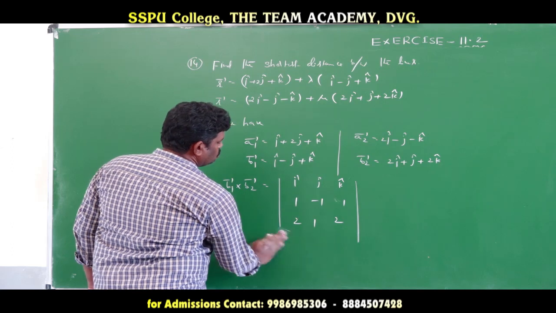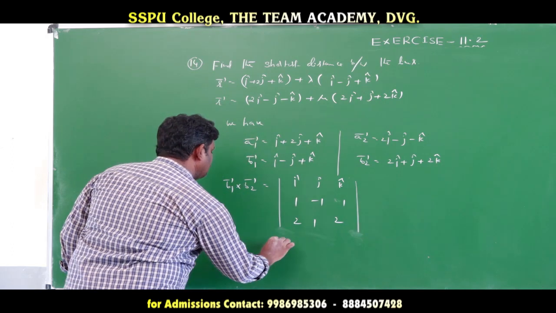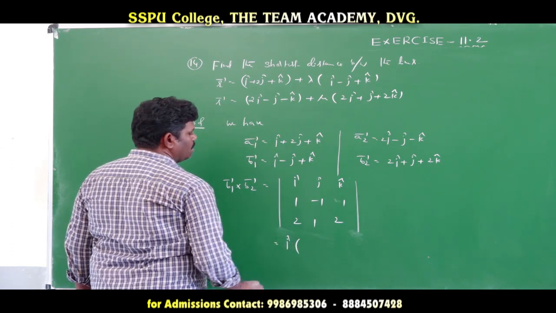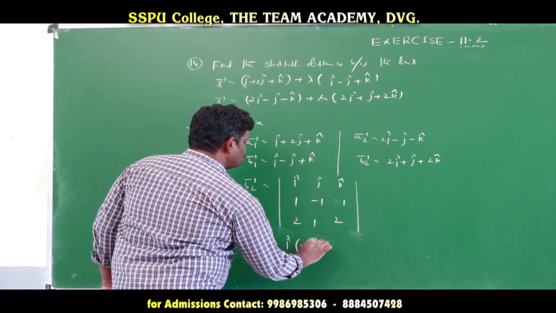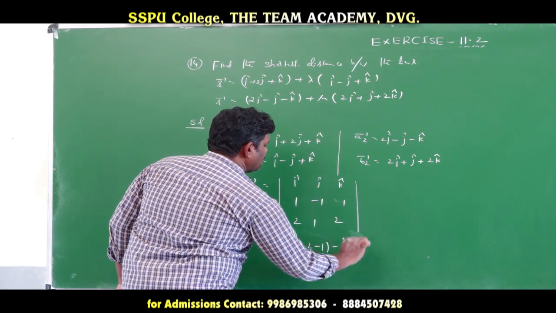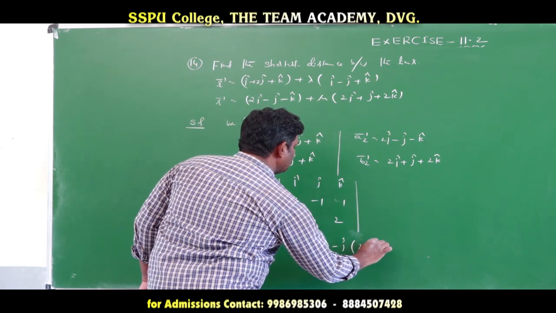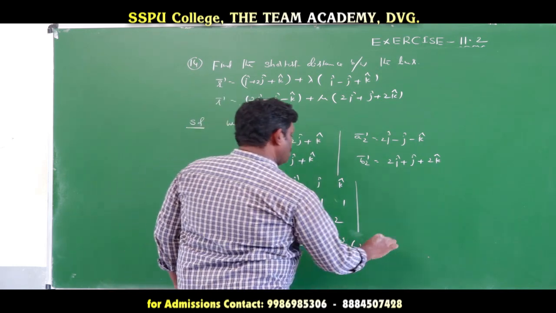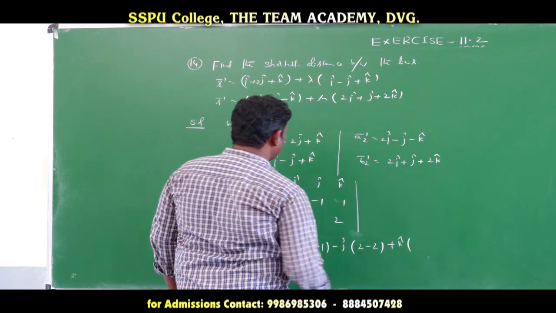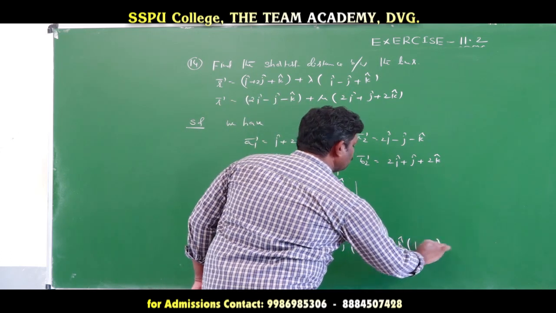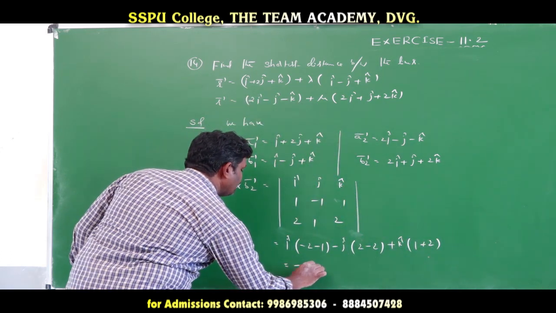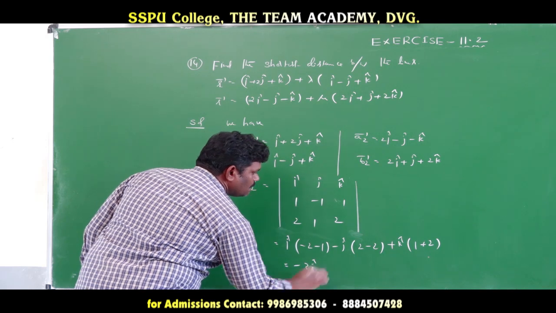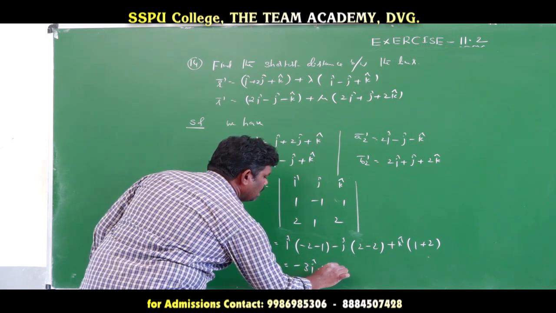Now simplifying, that is equal to i cap times (minus 2 minus 1), minus j cap times (2 minus 2), plus k cap times (1 plus 2). So that is equal to minus 3i cap, plus 0 j cap, plus 3k cap.